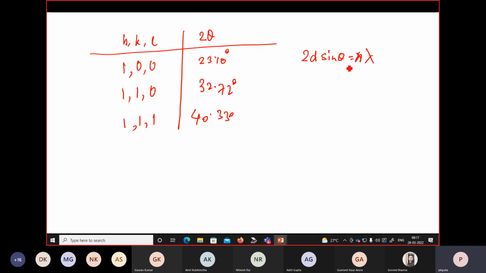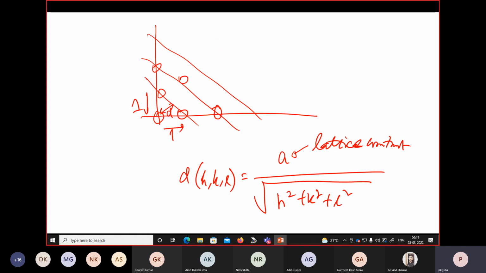So two things could change here. One is d, that is the distance between crystalline planes, because d might change depending on which orientation we are using. The d of the crystalline planes might be different. For the same crystal we can have different d's, depending on how we are measuring.